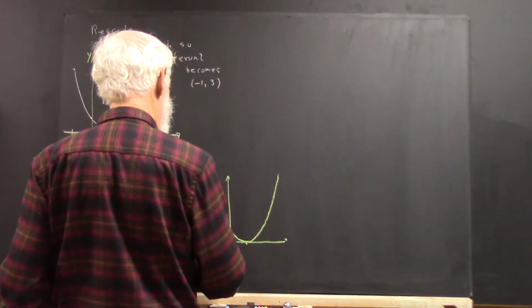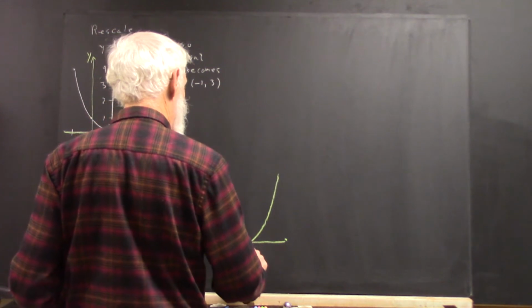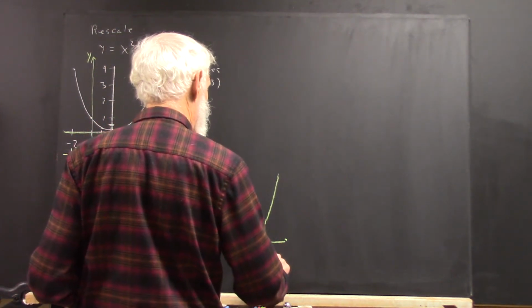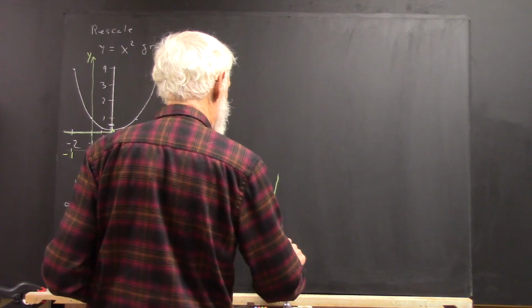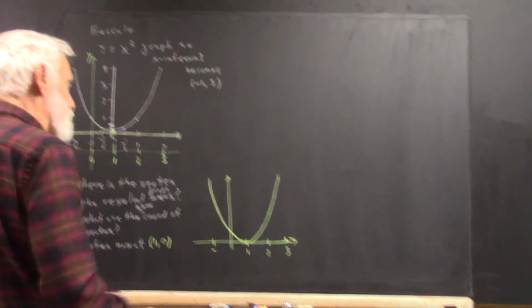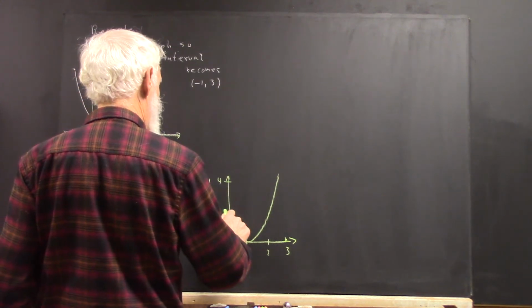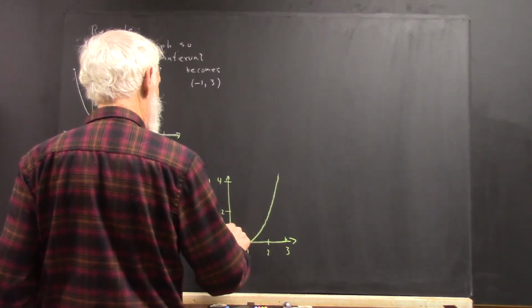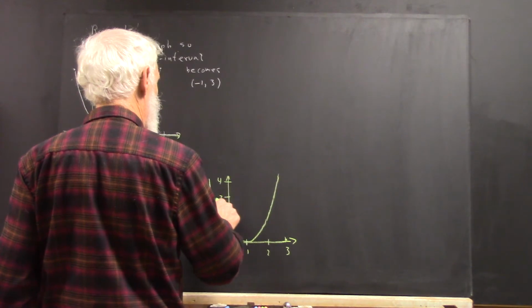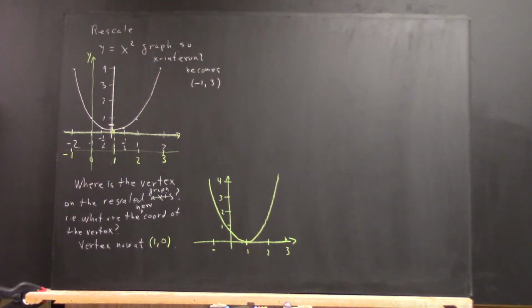For here is now -1, here's 1, here's 2, here's 3. The y scale, still you got 4, you got 2, you got 1, you've got 3. Okay? Is that clear? If you do that rescaling, this is the way your graph looks on the new scale. Okay?